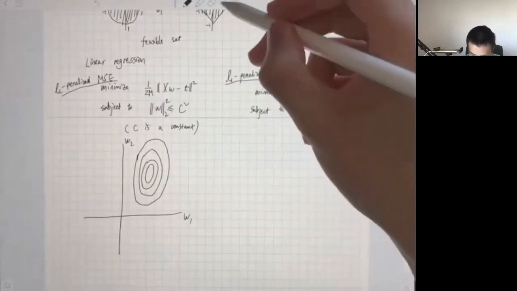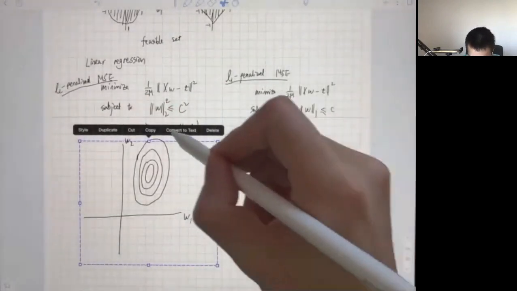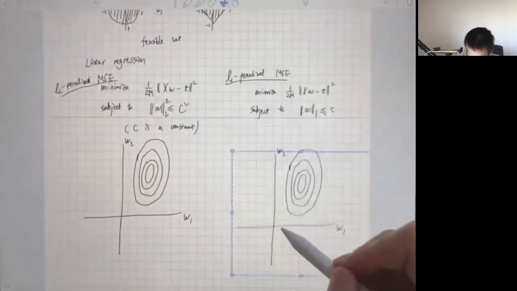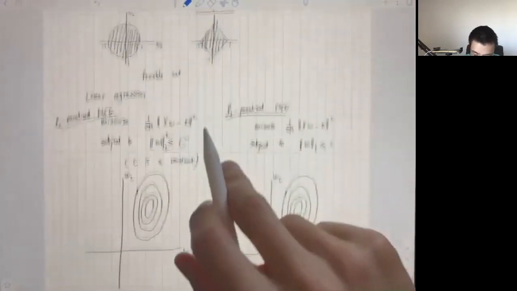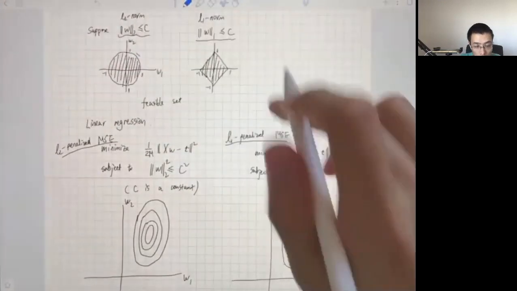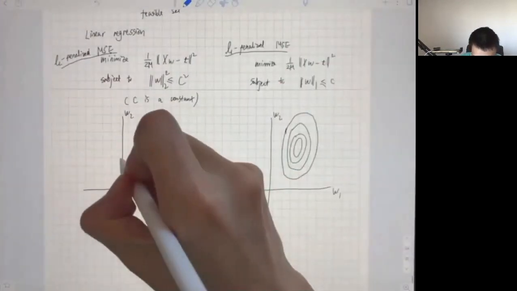Okay. So I think I can copy it again. So the L2 norm says my weight is restricted in this ball, okay? So suppose this is my ball.